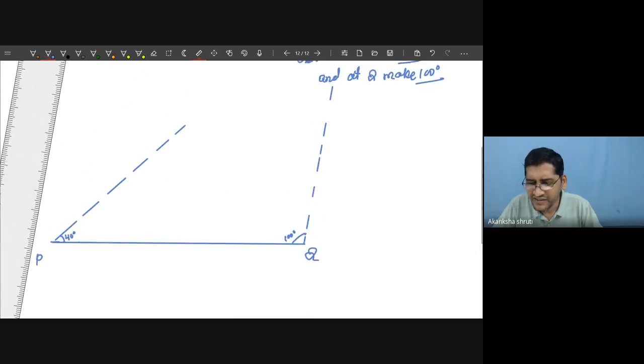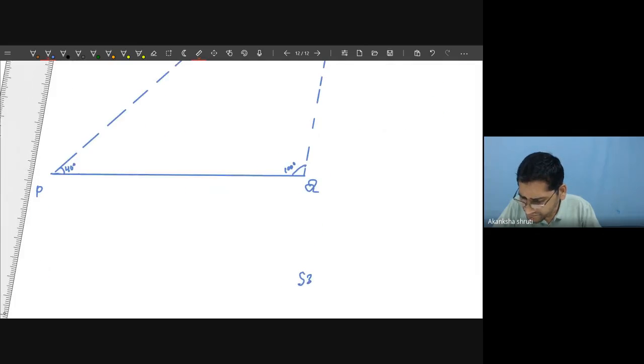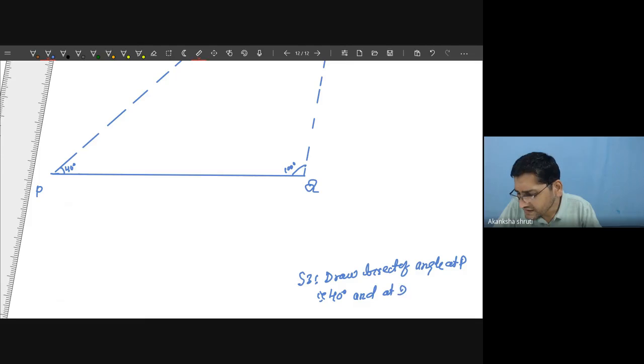Step number 3: draw the bisector of the angle at P, that is 40 degree, and at Q, that is 100 degree.